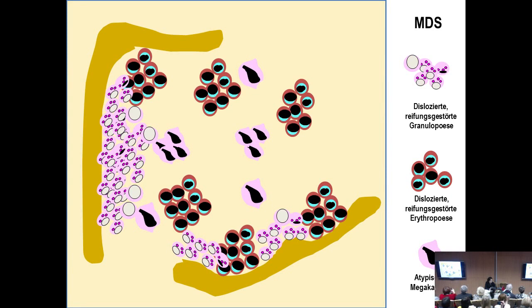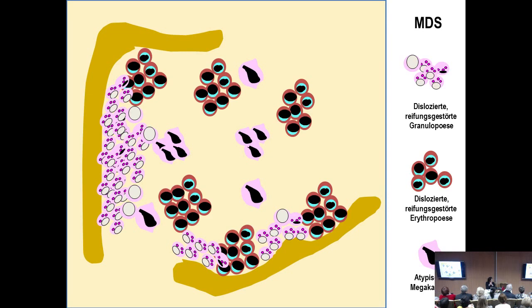We can not only estimate the cellularity, but we can get information about the location of precursor cells. For example, a localization of erythroid precursors beneath the bony trabecula is a sign of atypia. And this is a topographic aspect which, of course, can only be seen if we use histology.